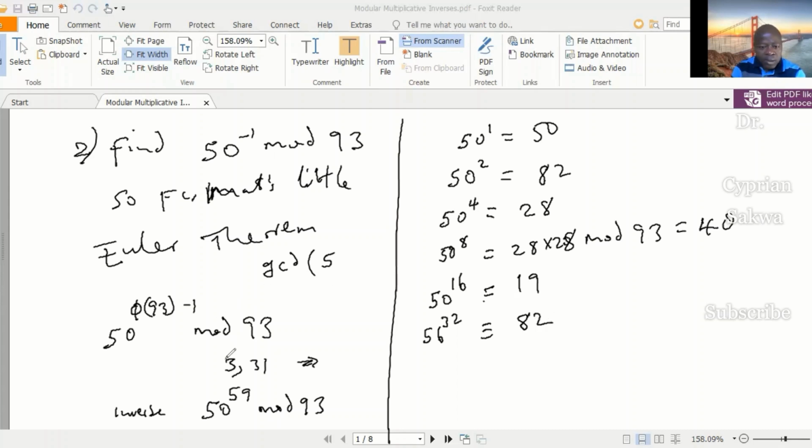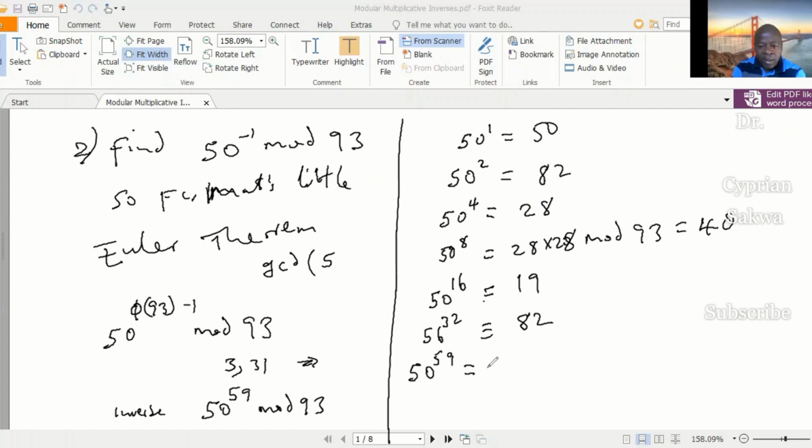What we want is 50 raised to 59. So when I square this, I'll get 64, which is not okay. It's beyond what we want. What we want is 50 raised to 59. And we check which one do we add to get 59.